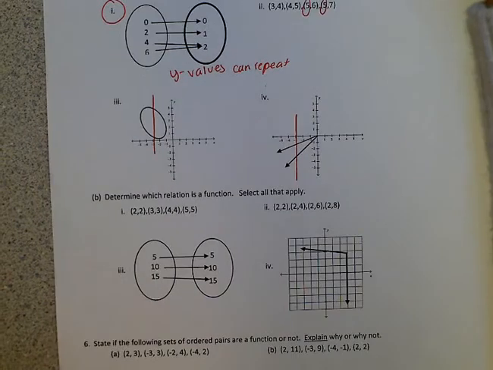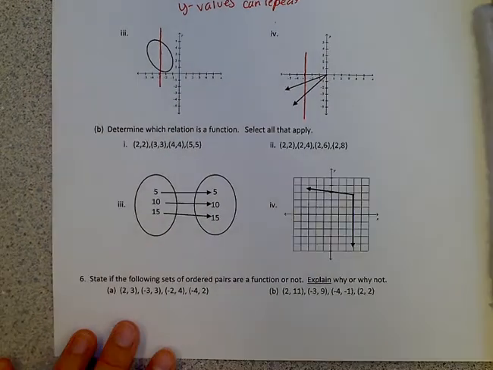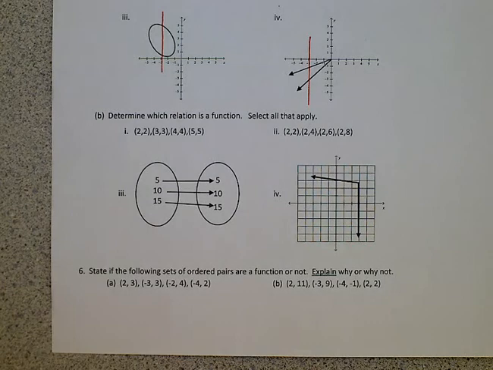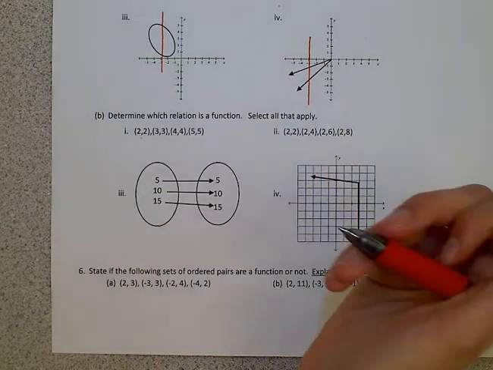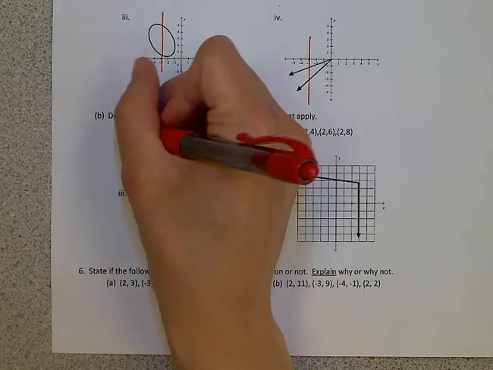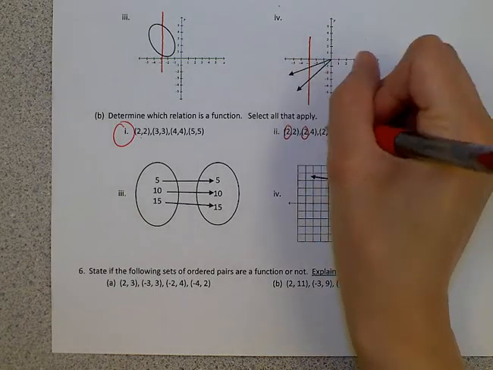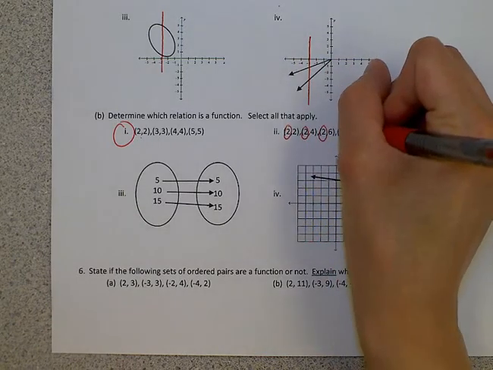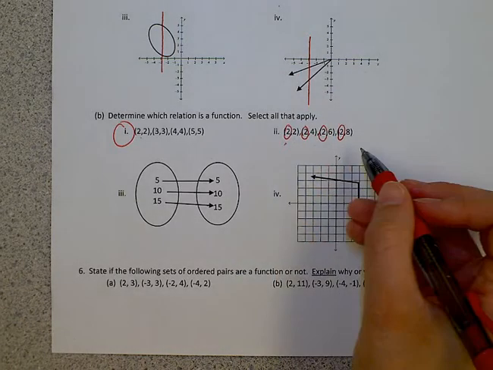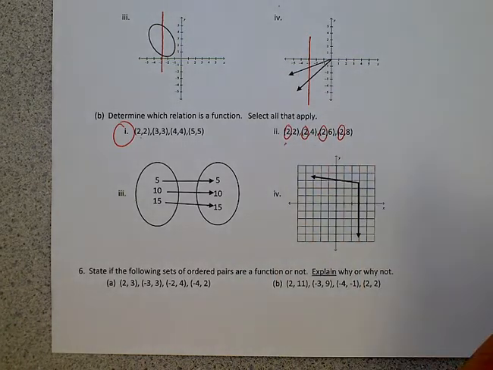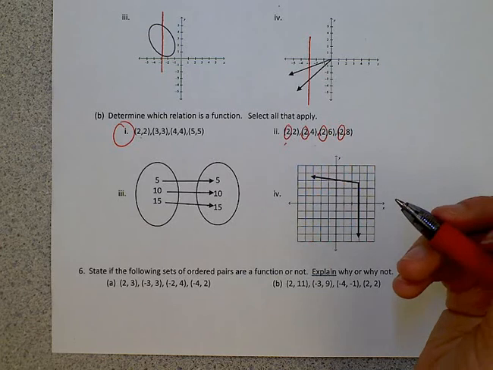Part B, determine which relation is a function. Select all that apply. Again, we're using the same properties. No x value repeats. It's okay if the x value and y value are the same. That will work. Notice how 2 repeats, not once, not twice, but on 4 different occasions, 4 different points, we have 2 repeating, so that cannot be a function.